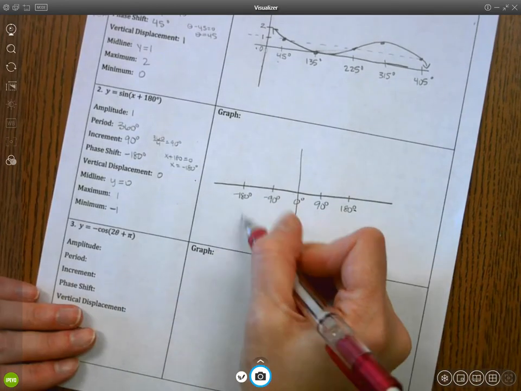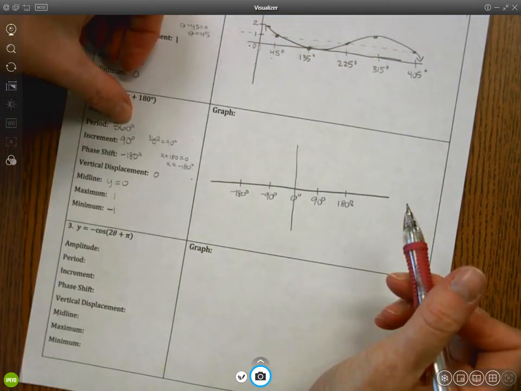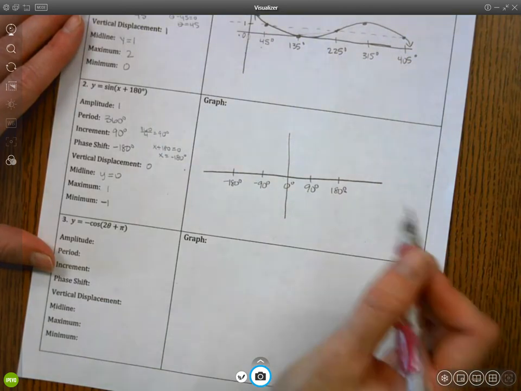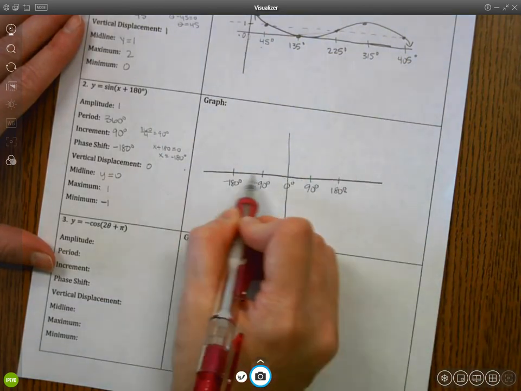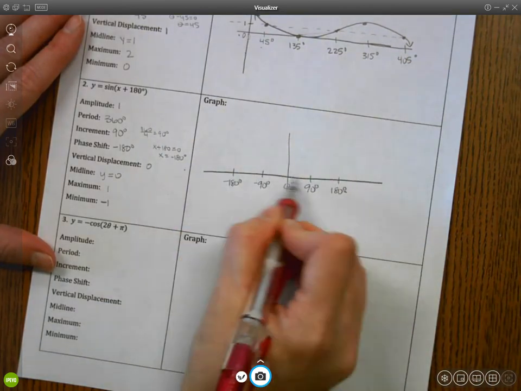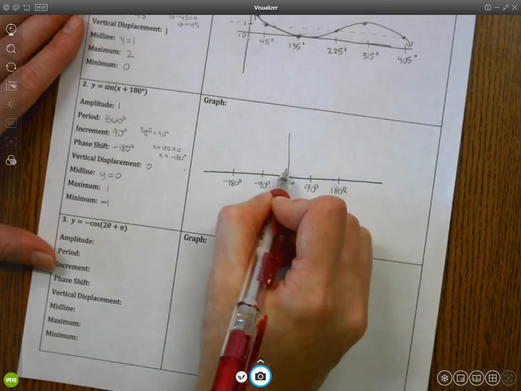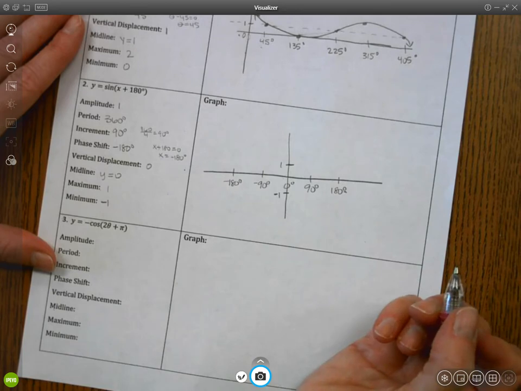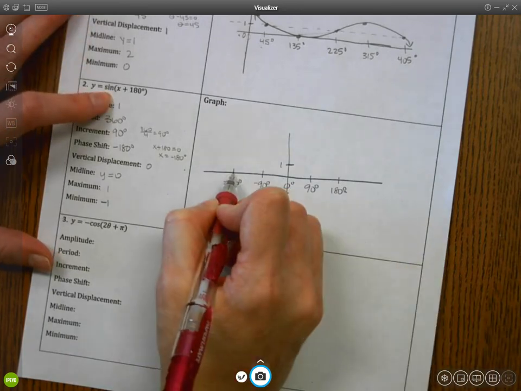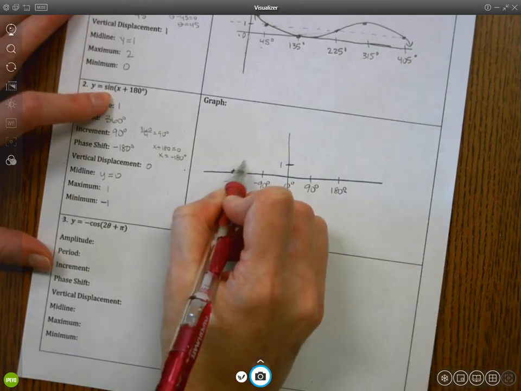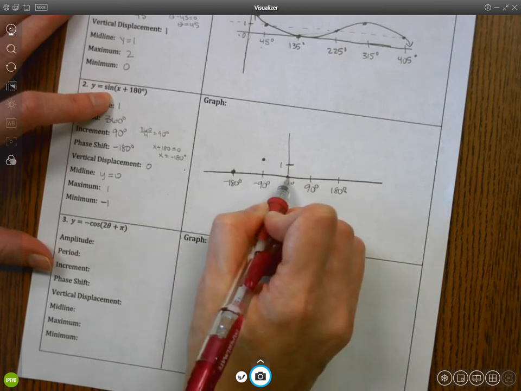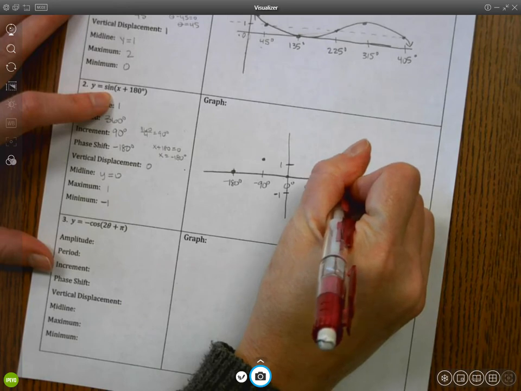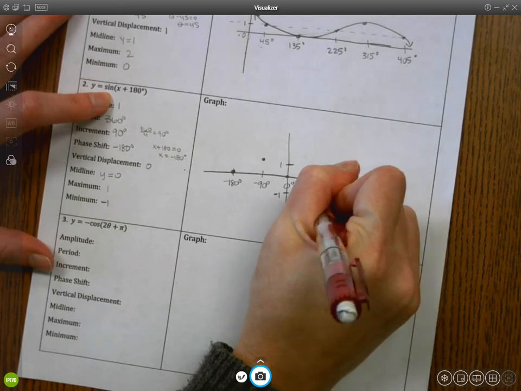From negative 180 to positive 180 is 360 degrees. Now our midline is 0, so our middle is still the x-axis. Our maximum is 1, and our minimum is negative 1. We have a sine graph, so we start at 0, and then we go up to 1, back to 0, down to negative 1, back to 0, and we draw our graph.